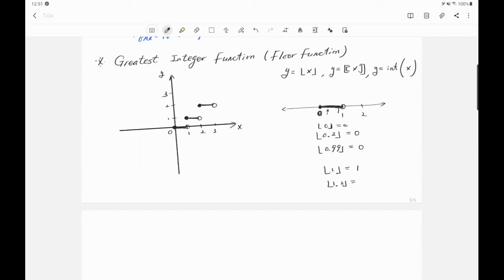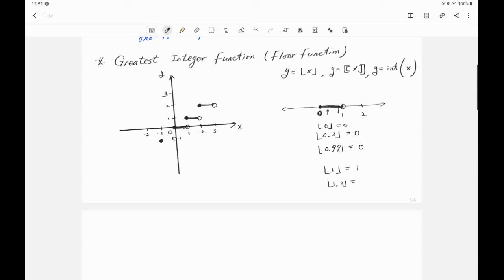And so on. This can also be called the floor function. It's like a floor, stairs. Okay, how about negative values? -1 and -2. If x is between -1 and 0, then the greatest integer is -1, right? If x is -1, of course -1.